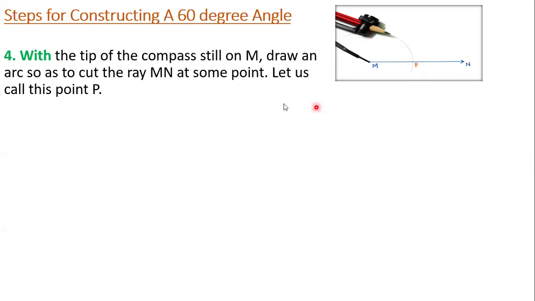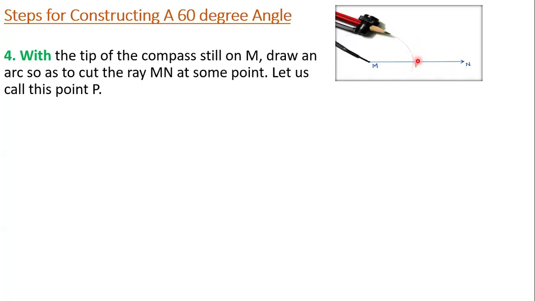After we already draw the ray MN, which means our vertex is point M, and we extend a line to the right of the vertex M and call that N, then we open up our compass to a little less than half of the way, and we draw an arc.